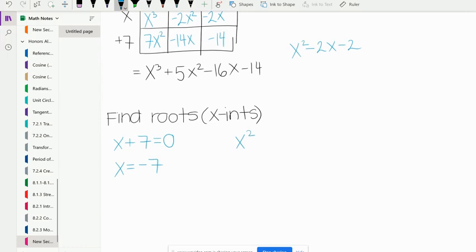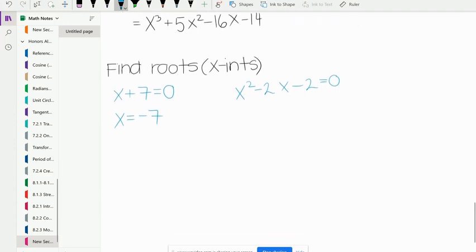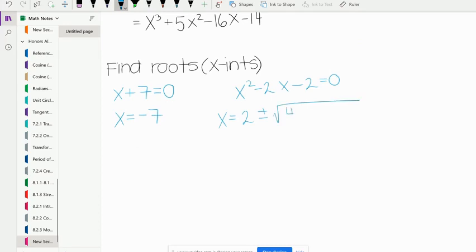Then I would do the same thing here, but I could already tell by looking at this that it's not going to factor. So I'm going to use the quadratic formula. I have my negative b plus or minus the square root of b squared minus 4ac all over 2a. So we have 2 plus or minus, this is going to become 4 plus 8, which is root 12, over 2.